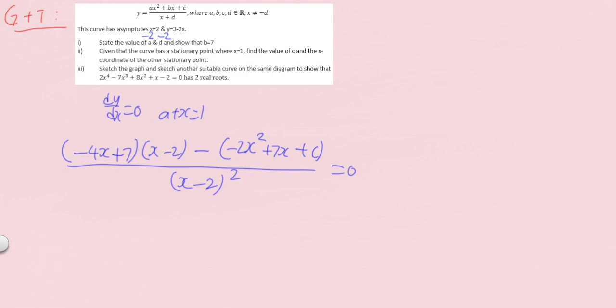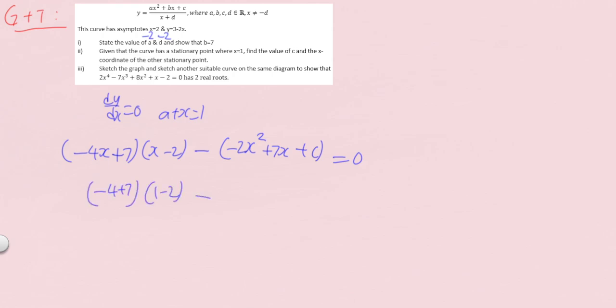Now, the faster way to do it is actually not to consider the denominator at all, because we know that you're going to get a fraction for your derivative. For the fraction to be 0, the numerator must be 0. So you just substitute x equals 1, you get minus 4 plus 7, times 1 minus 2, minus 2 plus 7 plus c. Alright, this would be equal to 0.